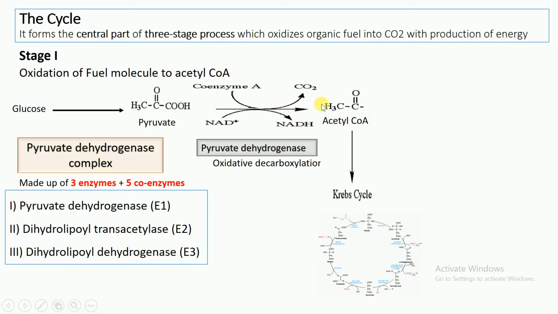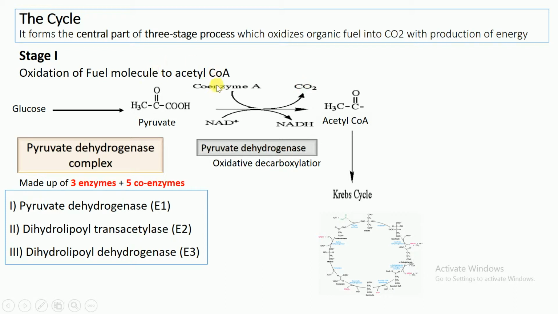So this whole reaction is a linking reaction of glycolysis to the Krebs cycle. In this particular reaction, there occurs release of carbon dioxide. The three-carbon pyruvate gets converted into a two-carbon acetyl molecule with the release of one carbon dioxide.